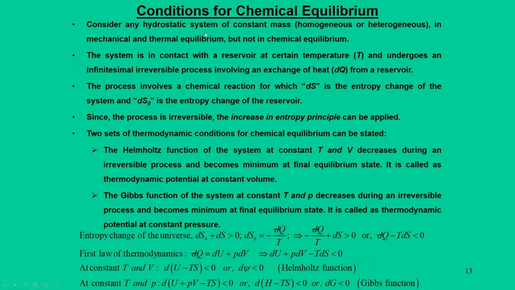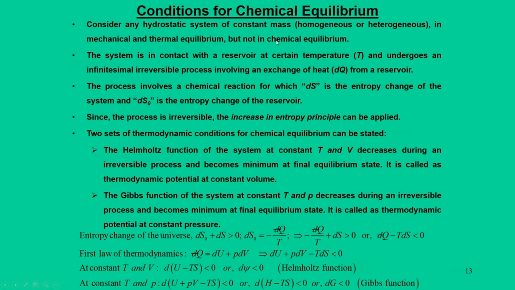Another requirement is that the system should be in chemical equilibrium. To examine the conditions for chemical equilibrium, we recall a simple hydrostatic system of constant mass, which may be homogeneous or heterogeneous. They are in mechanical as well as thermal equilibrium, but not in chemical equilibrium.